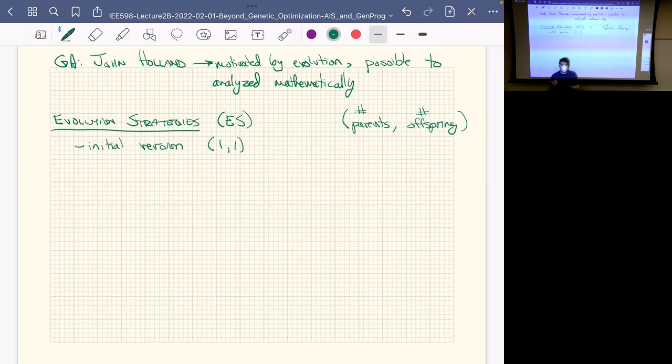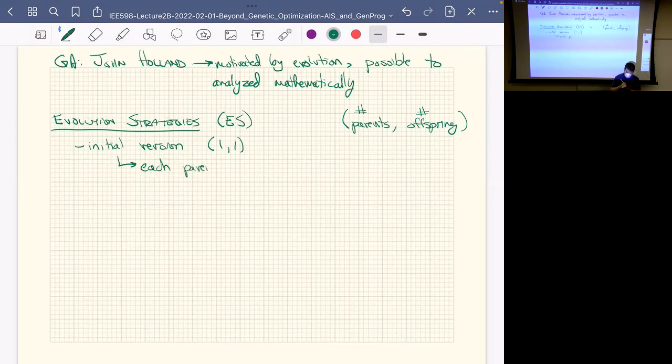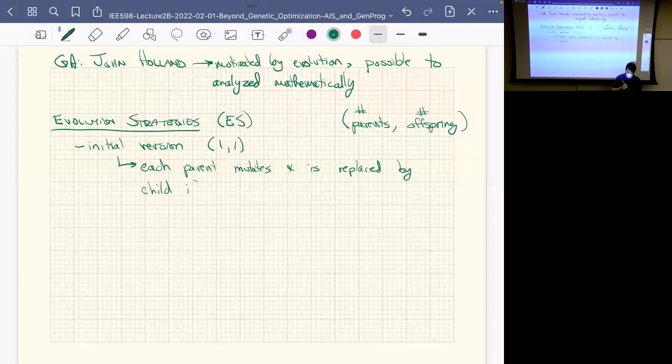So this is almost like a trajectory strategy, like a taboo search or something like that, where each parent mutates and is replaced by child if child outperforms parent. And this was the initial evolution strategy.